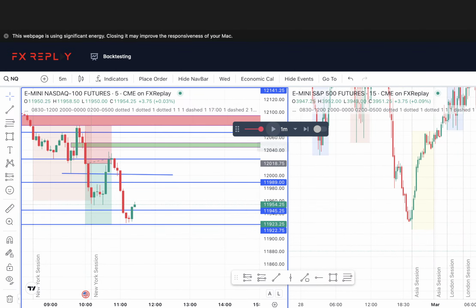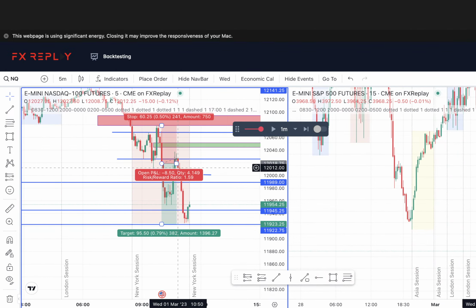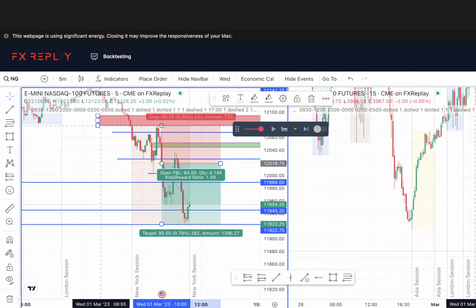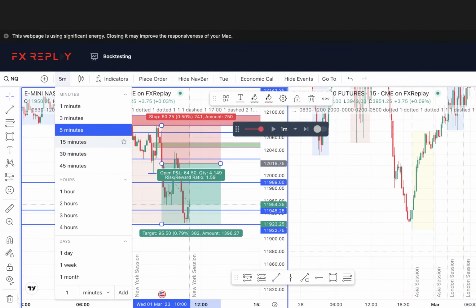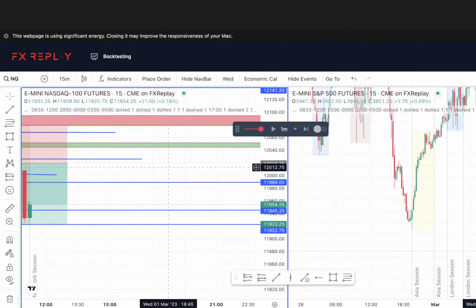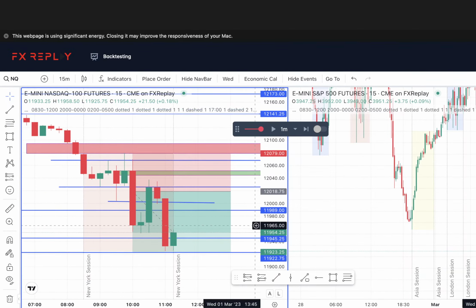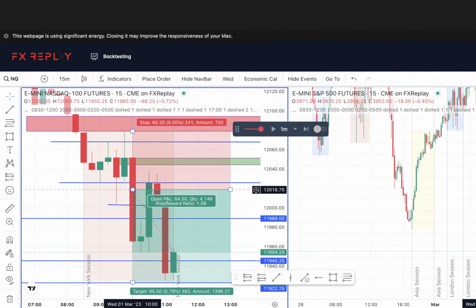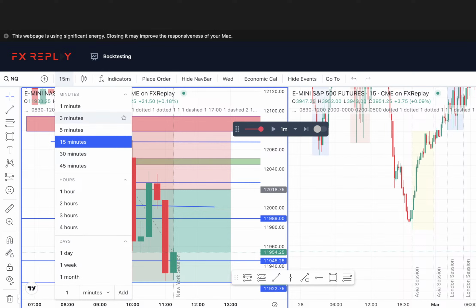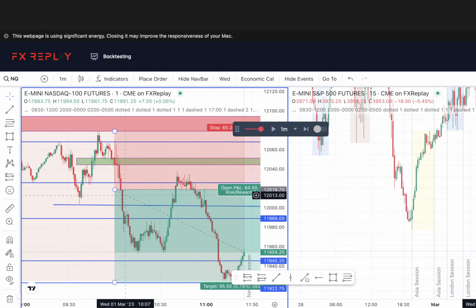Boom. There we are. So yeah, once you saw that wick on the 15-minute from this green candle, boom, this one right here. And honestly, let's go back to the 1 minute because I'm confused. Not confused, but yeah, okay, never mind.